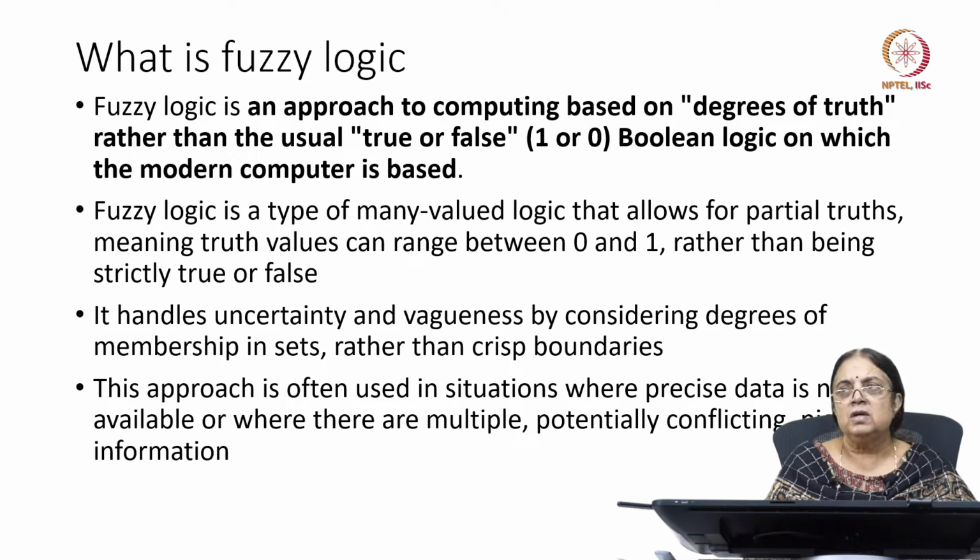In a crisp set an element either belongs to the set or it doesn't. But here it belongs to the set with a degree of truth, or what is called its membership value. So the degree of membership in the set is what you have to see, and this can be used where precise data is not available.